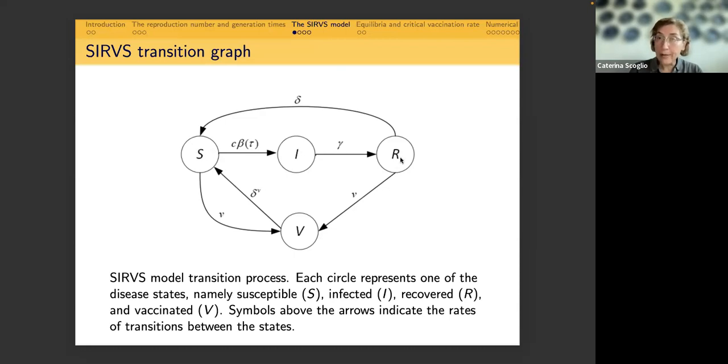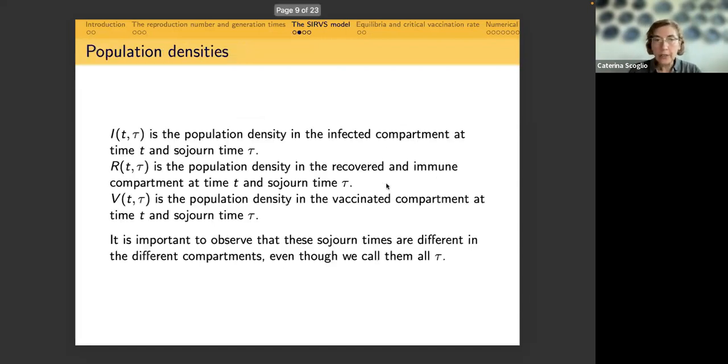Both susceptible and recovered individuals can be vaccinated with a rate V, the same rate. Once vaccinated, the individual is also immune and stays immune for, again, a given amount of time, on average, for example in our COVID-type model, 6 months, and then will transition out to S, susceptible, when this immunity wanes. Okay, so this is the model that we are considering.